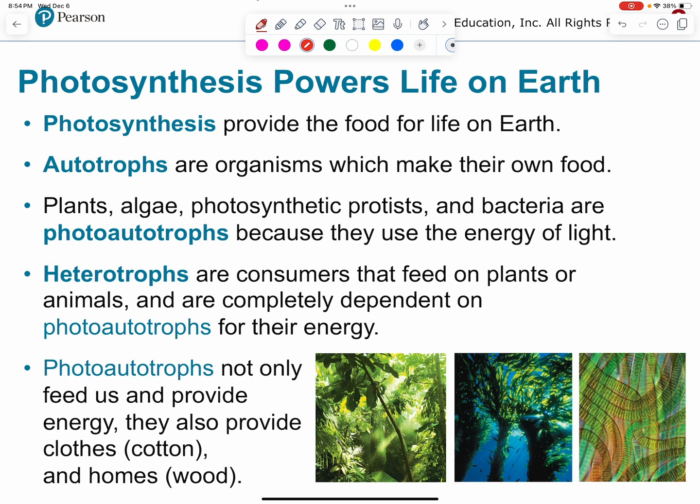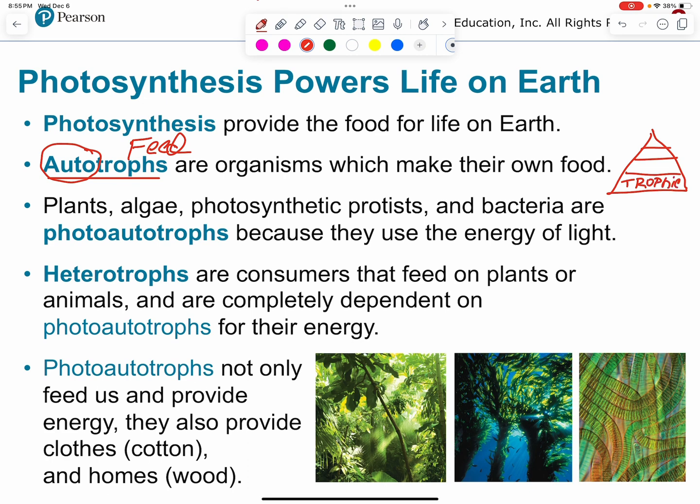So the word autotroph means that you are a self-feeder. Auto means self, and troph means feed. We talked about the trophic levels here at the beginning of the semester. That pyramid, each level right here is a trophic level, or a feeding level.